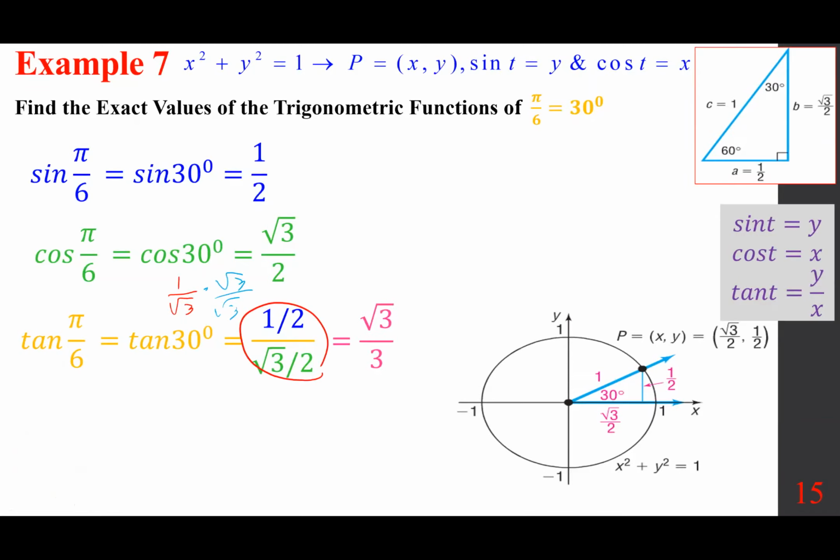Reciprocal of this is 2, that is cosecant. Reciprocal of this, 2 over square root of 3 or 2 square root of 3 over 3, that is the secant. And the reciprocal of this is the cotangent, which is square root of 3. So cosecant. Secant.